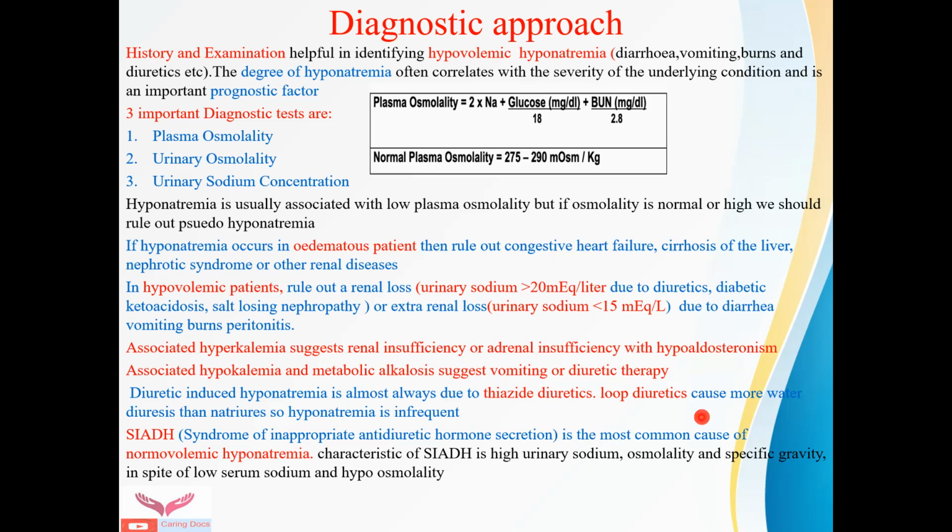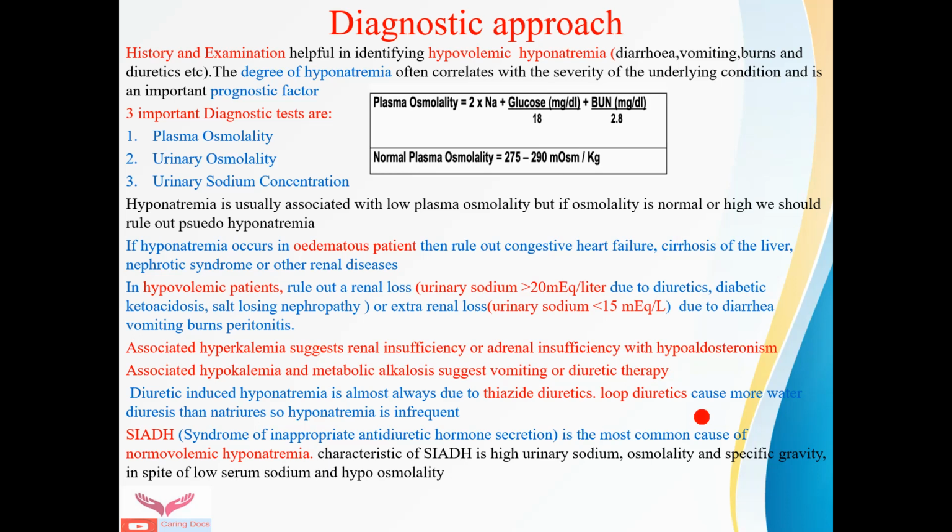Three important diagnostic tests done for diagnosing hyponatremia are the plasma osmolality, urine osmolality, and urine sodium concentration. Plasma osmolality is calculated as 2 multiplied by sodium plus glucose in milligram per deciliter divided by 18 plus BUN, that is milligram per deciliter, divided by 2.8. Normal plasma osmolality is 275 to 290 milliosmol per kg.